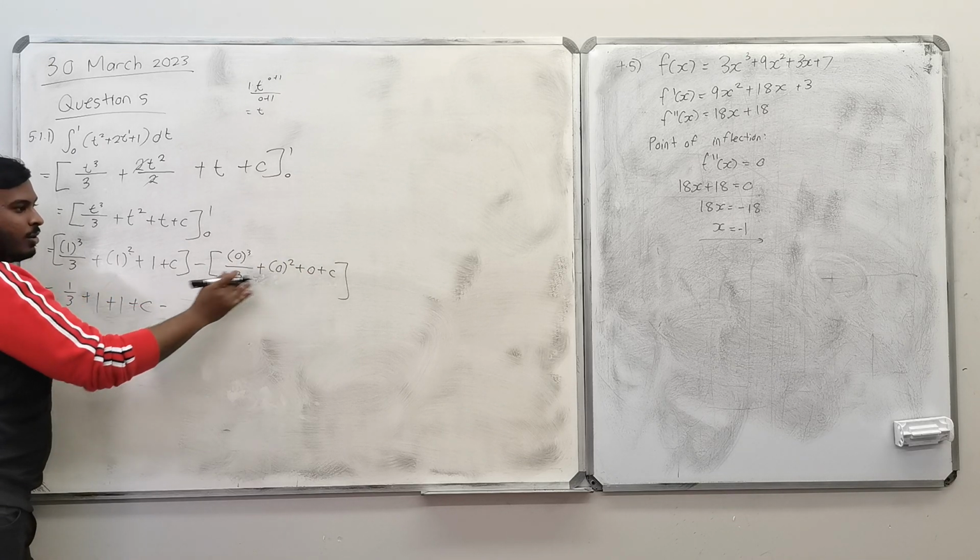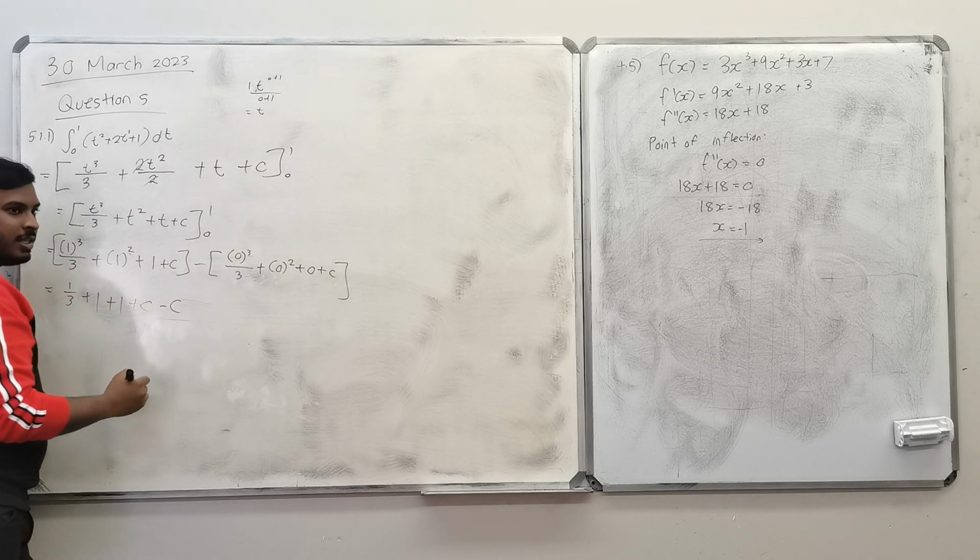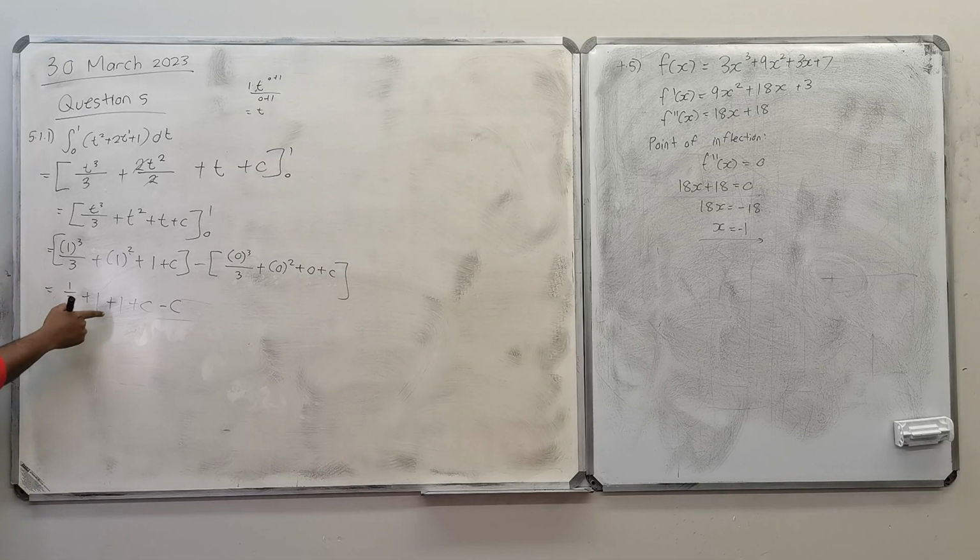So you just have to minus c. 1 plus 1 is 2, and it's 2 and 1 third, which is 2.333. That's your answer.